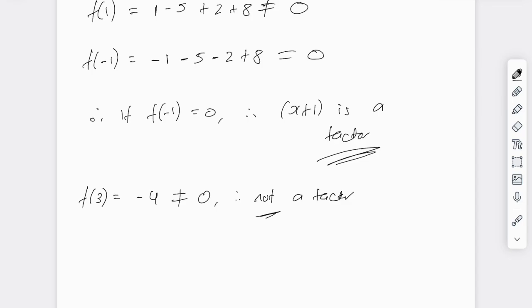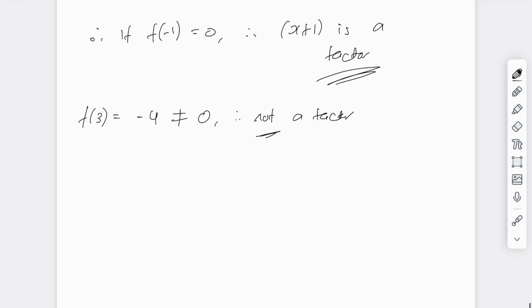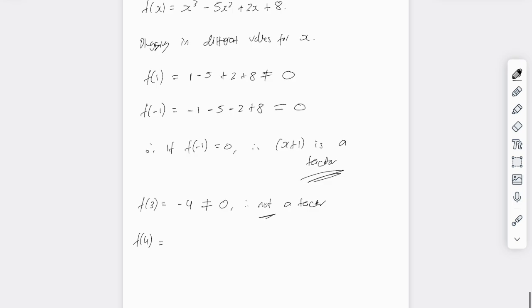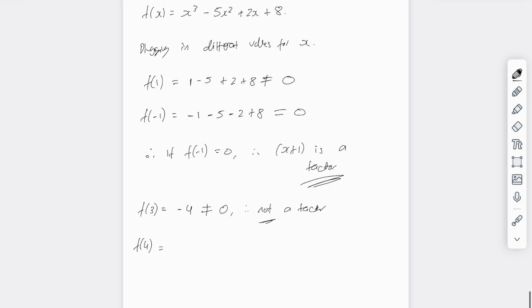And what if we do f of 4? If we do f of 4, this will be 4 cubed minus 5 times 16 plus 8 plus 8.